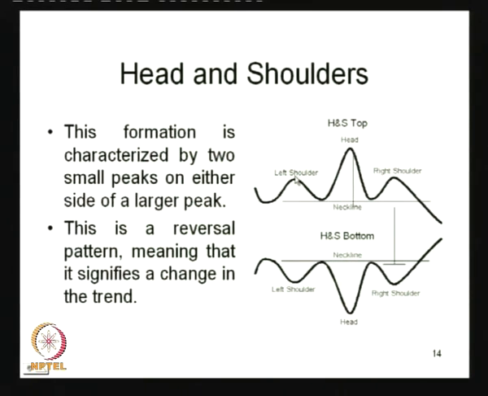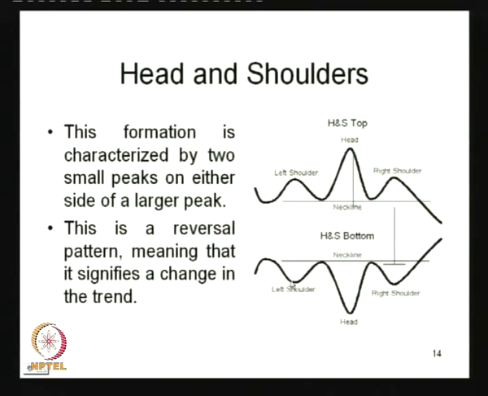Whenever we see a price pattern with a left shoulder, a right shoulder, and in between a top head, we can conclude that a reversal pattern will prevail. But here it is just the opposite.